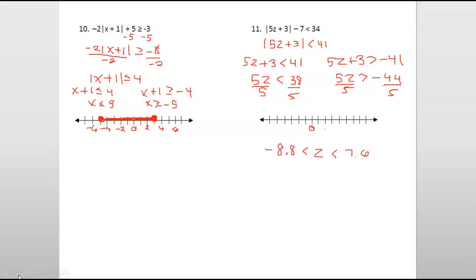And for this number line, we can't go by twos because, well, I guess we can, but you won't quite make it on the negatives. Open circles, shade between.